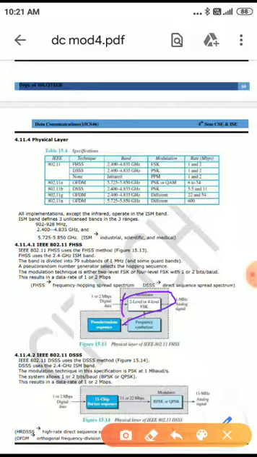This is the modulation technique we are going to use in this FHSS. Next, it results in a data rate of 1 or 2 Mbps. At last you are going to get a data rate of 1 or 2 Mbps. This is the explanation for IEEE 802.11 FHSS.